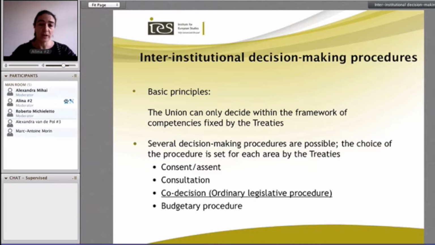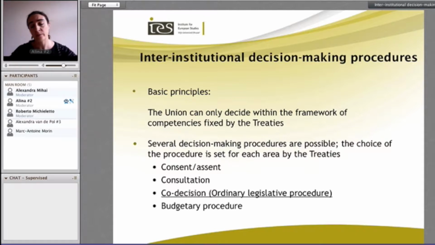And the fourth procedure that I've put on the slide is the budgetary procedure. Here, the European Parliament and the Council are also on equal footing. They can only take the decision together, otherwise we don't have a budget, whereby when we go to the last stage, the conciliation stage, the Parliament has a slightly stronger position than the Council, but I do not want to bother you here with the details.